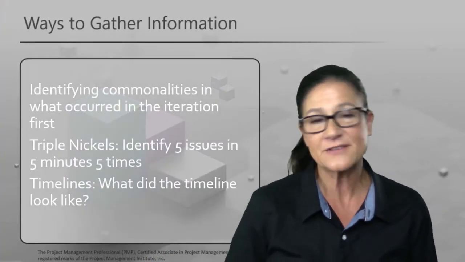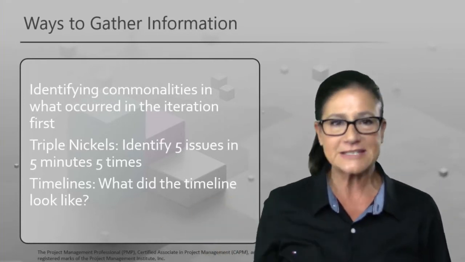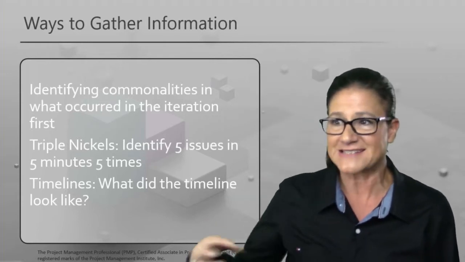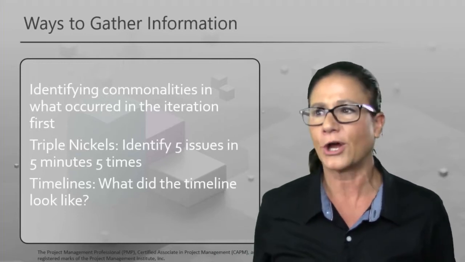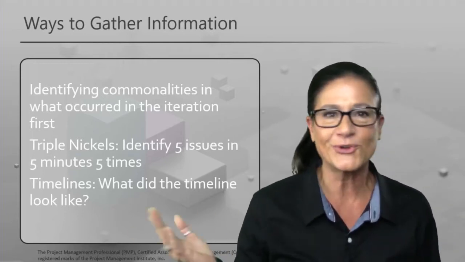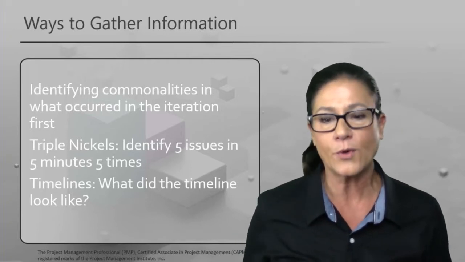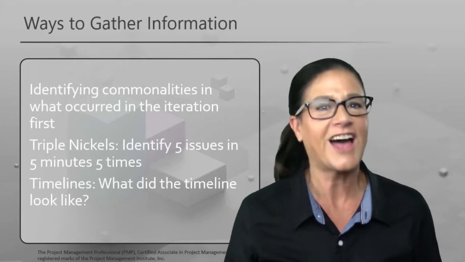A couple different ways to figure out what went sideways or what worked and what did not work is to have individual conversations as a team about what we agree on and what we don't agree on. Sometimes triple nickels, where you identify 5 issues in 5 minutes and do it 5 times in a row, allows the team to really communicate and be like, yeah, that was something.